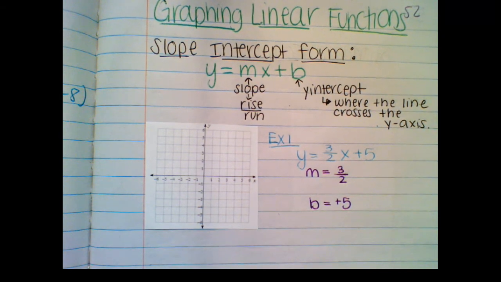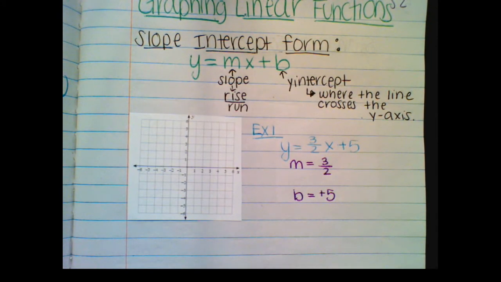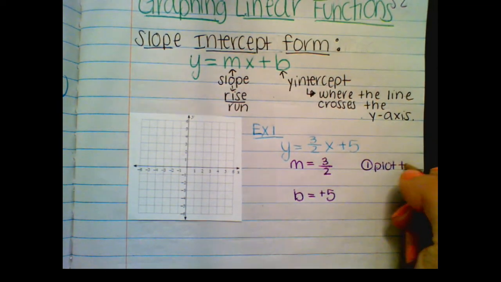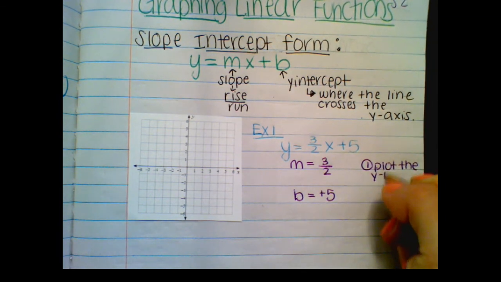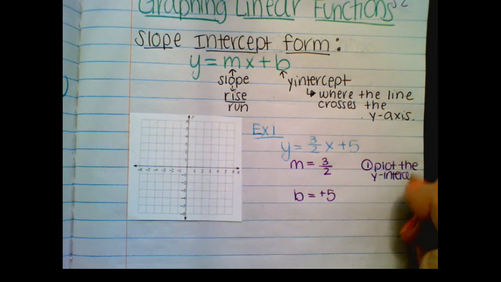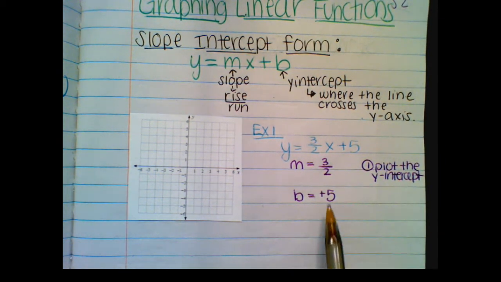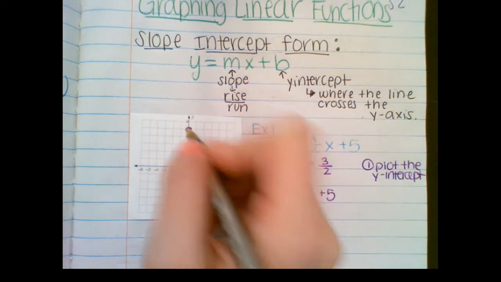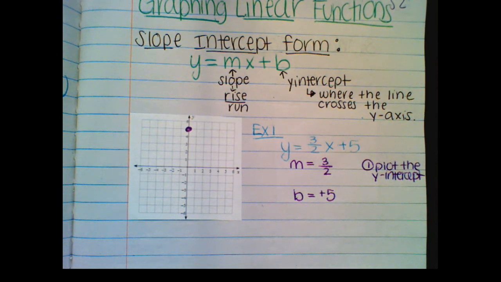Now, if you recall graphing in the past, we used these to make our graphs. The first thing we did is plot the y-intercept. In this case, it's positive 5. So I would go up to 5 on my y-axis, and I would put a point.